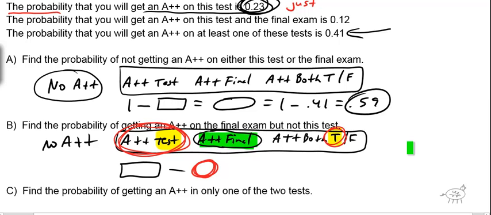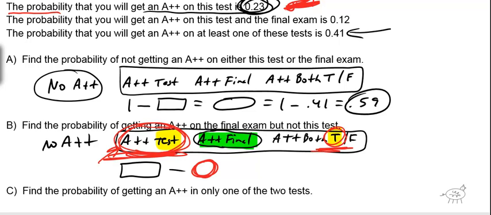So that's important that you understand that. Obviously, I'm going to cross this off because it doesn't say just. If it was just, it would make a difference because we would just be referring to this guy right here. But it's saying the probability you get an A++ on this test is 0.23. So it's both of these, both this guy and this guy. That's the 0.23. So if I take the rectangle and I subtract those two, I get an A++ in the final. All right. That's a lot to explain.